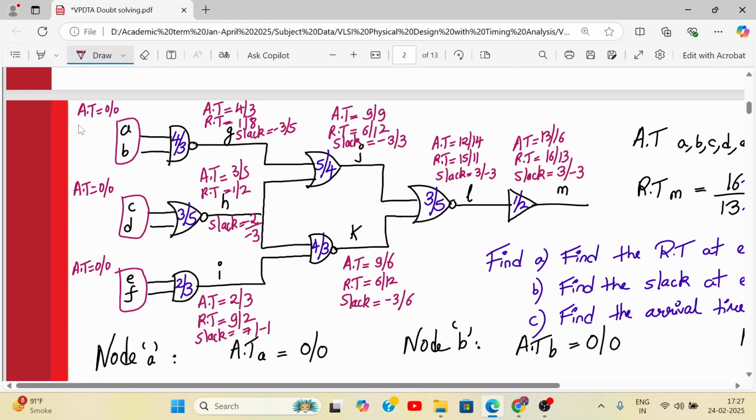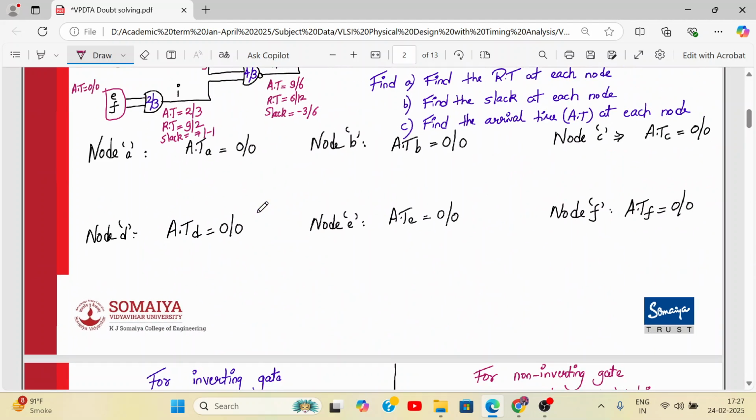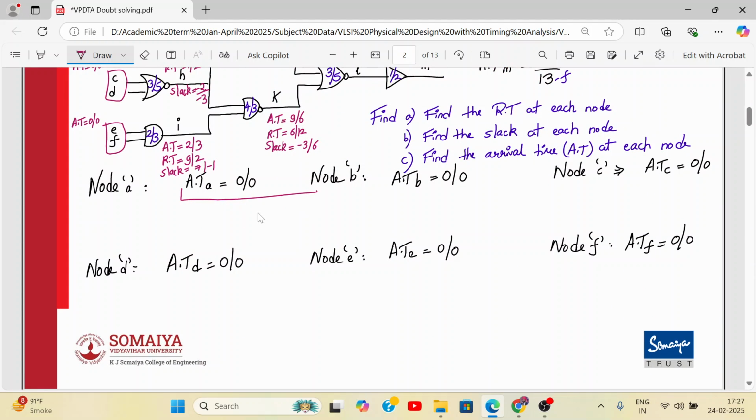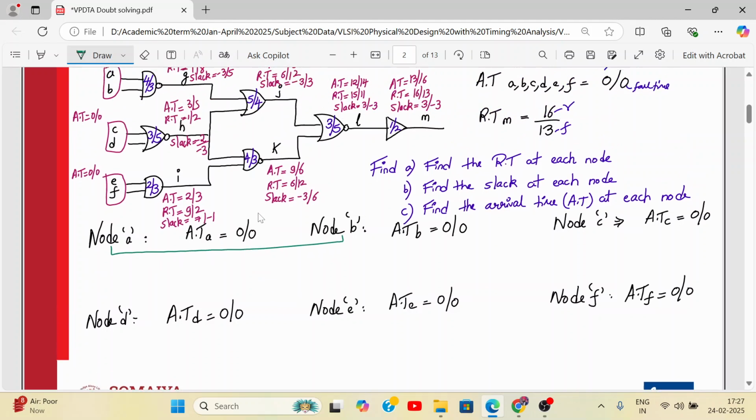Let us go to the earlier case for nodes A and B together. We'll calculate it. Here the required time, we have to consider 1 and 8. We'll calculate for A and B together because they have the same inputs.